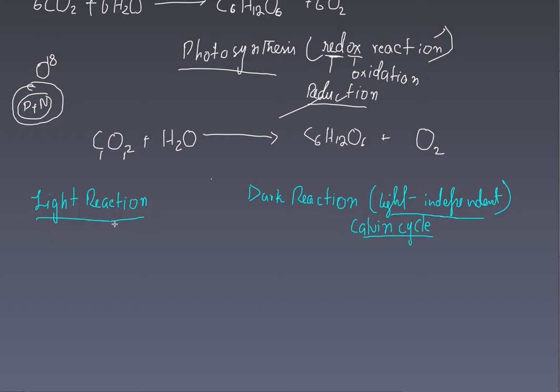So let's get a little bit of overview of what this light reaction is. If you want to write the definition of light reaction, what's happening in the light reaction is that you are taking light energy and converting light energy into chemical energy.